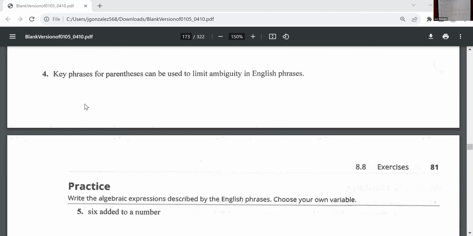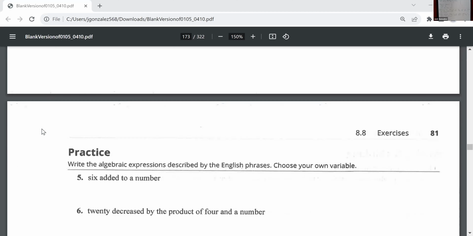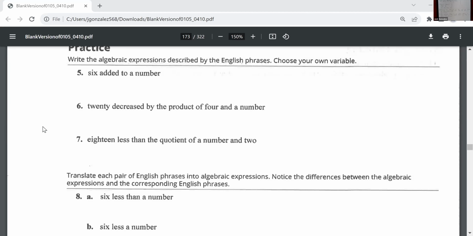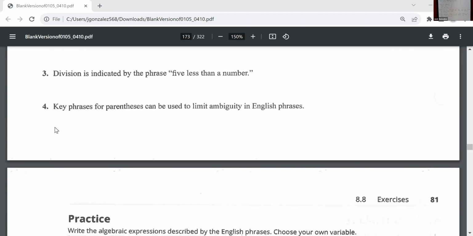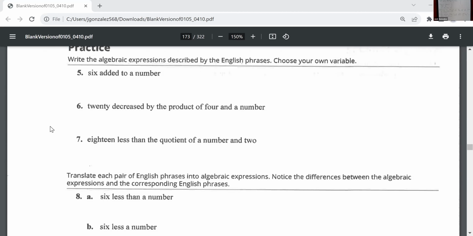I want to say that would be true. We should try to choose good wording to emphasize parentheses. Wait, so is it false or true? True. I think it's a good idea.